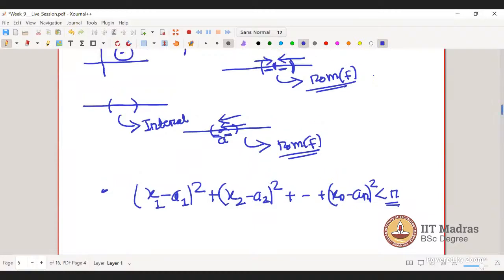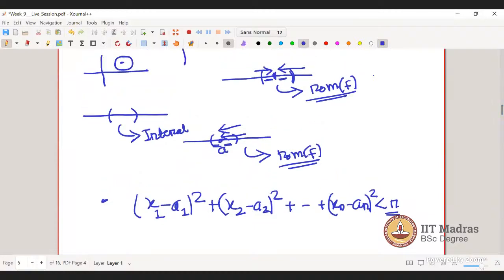When n is 1, you get an interval; if n is 2, a circle; if n is 3, a sphere; and if n is 4, something else.